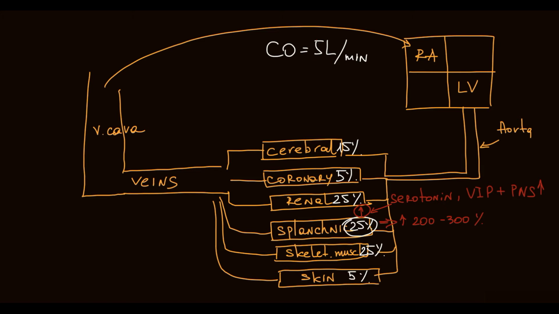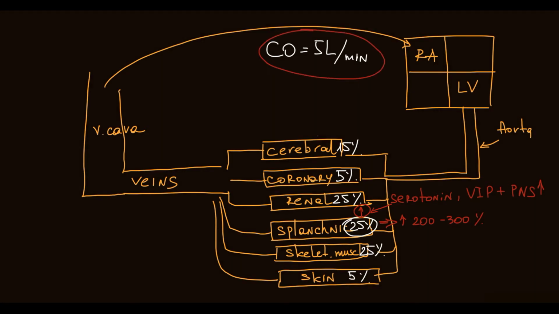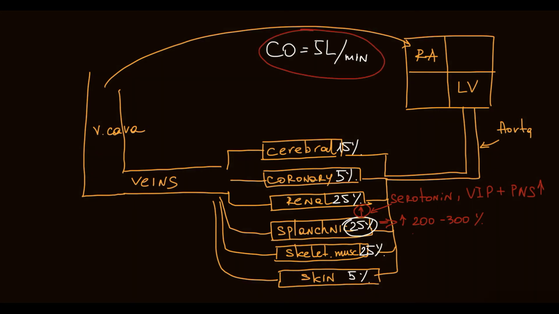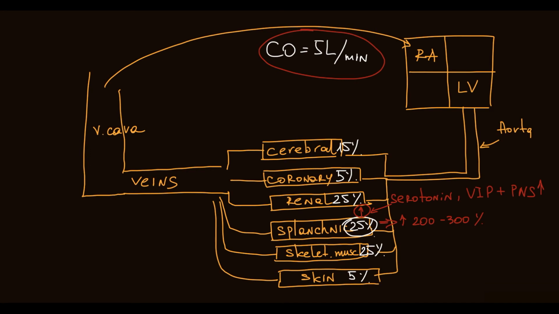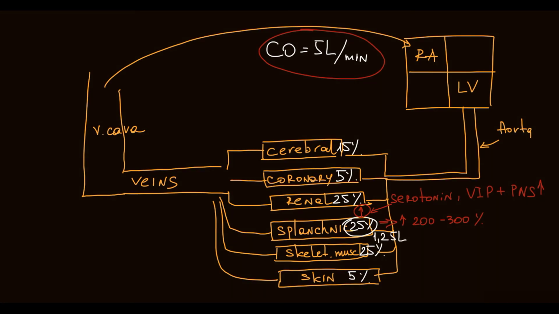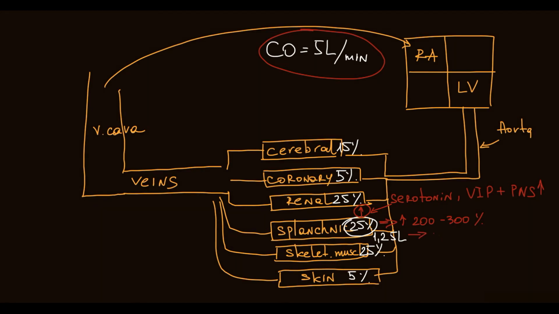For example, initially cardiac output is 5 liters per minute, and 25% of all cardiac output, which is 1.25 liters, is going to splanchnic circulation. But when voluminous hyperosmolar chyme enters the duodenum and in response to this splanchnic blood pooling occurs, the amount of blood in intestinal circulation increases by 200 to 300%, and now has become, for example, 3 liters.